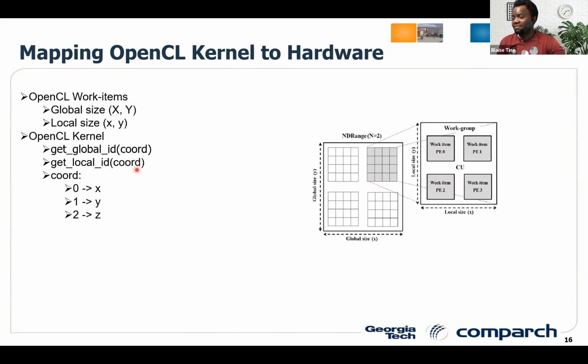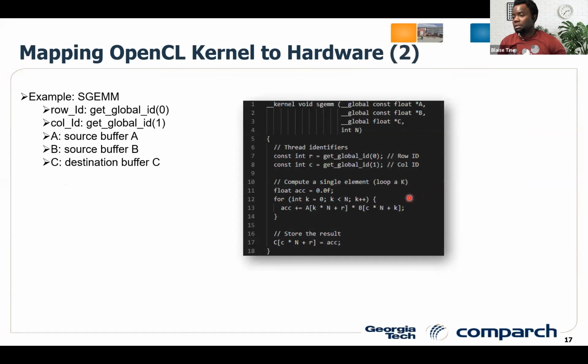There are two main APIs that are accessible inside the kernel, get global ID and get local ID, where you pass the coordinate of your specific grid. Get group ID gives you the index of the task at the workgroup level, and the local ID is at the work item level. This example shows an SGEMM kernel written in OpenCL, and you can see the global ID.